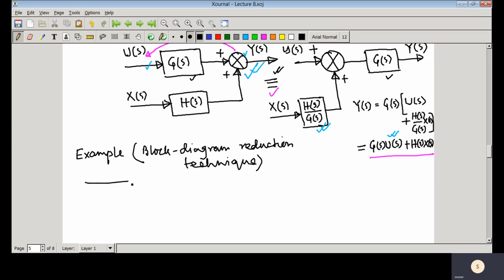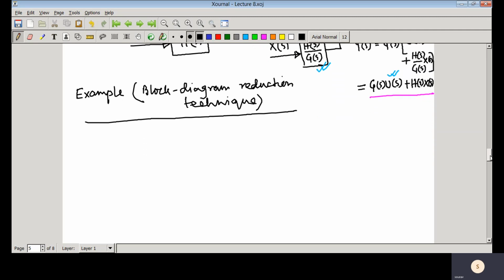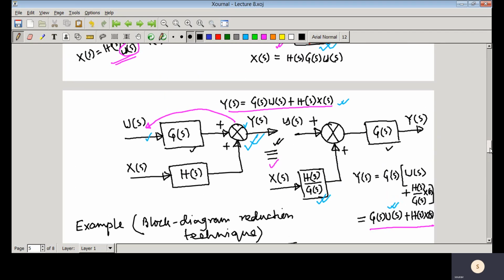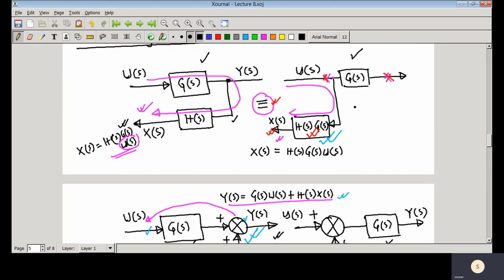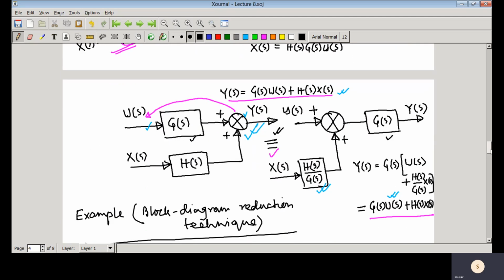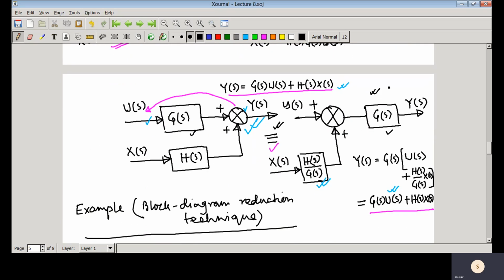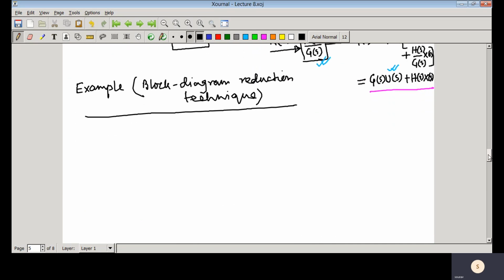So basically we'll be applying the block diagram reduction technique to find the transfer function. What is your objective? Your objective is to find the transfer function of that block using the block diagram reduction technique. Block diagram reduction technique means you need to follow these techniques, that means shifting the branching point or shifting the position of the comparator. So let us see a simple example.